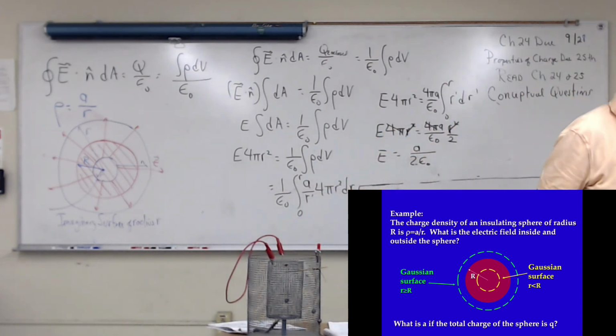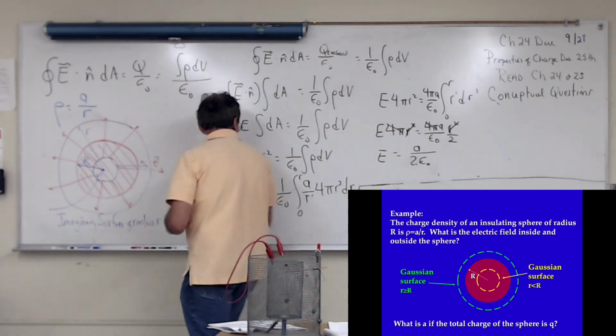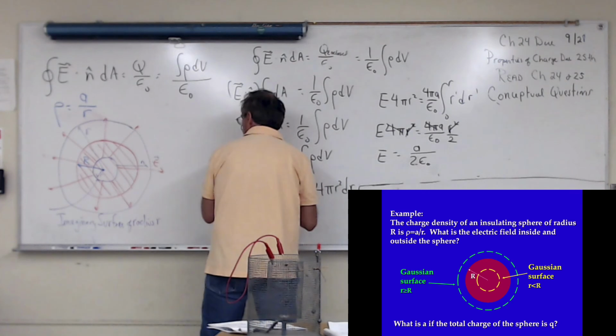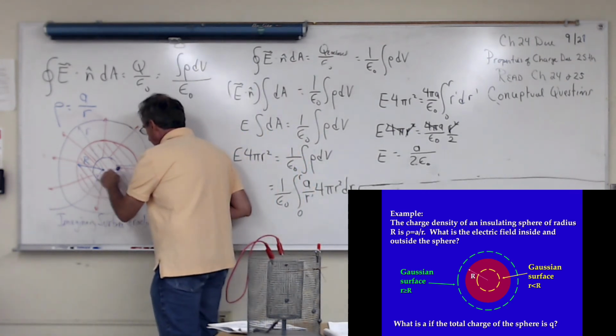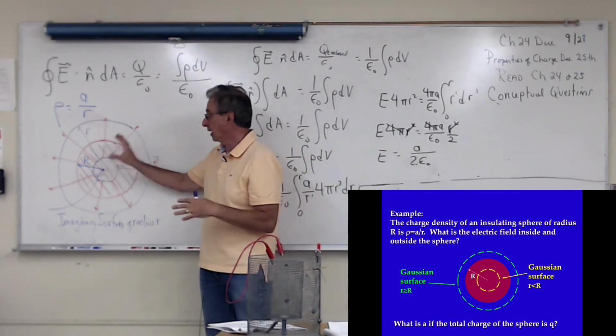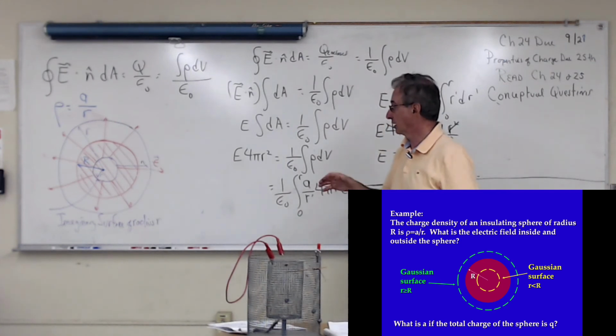So it's not r to r, because this integral represents the charge. So I got to integrate from here to here, so I include all the charge. Remember, this integral represents how much charge is enclosed within the Gaussian surface.